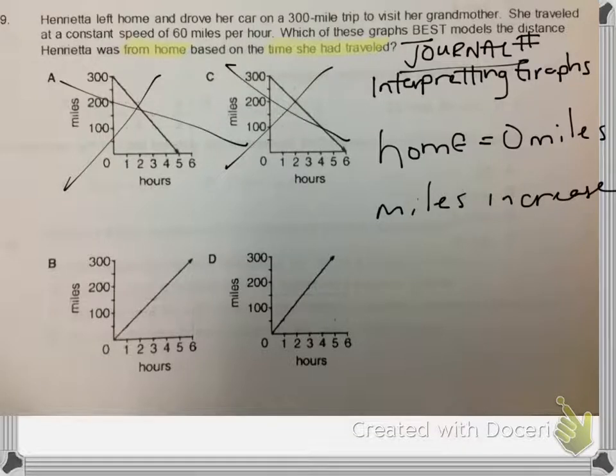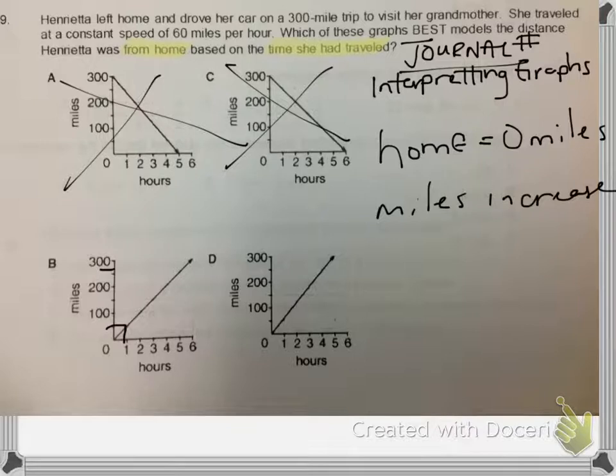So we start at 0, and after 1 hour, we're here. That looks about 50 miles per hour. It's hard to tell to be exact, okay? Because if these are in increments of 50, 0, 50, 100, 150, 200, 250, and 300, this looks to be about 50.